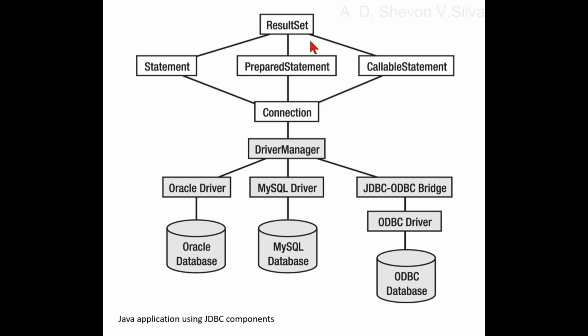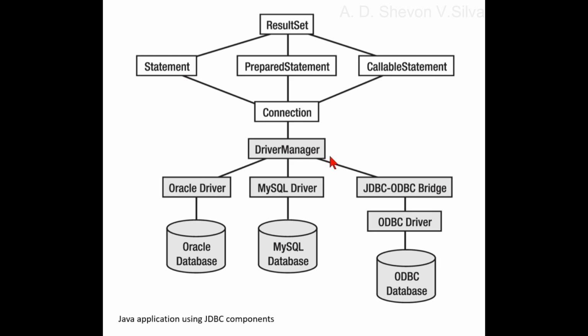The JDBC API is comprised of two Java packages, java.sql and javax.sql. The following are core JDBC classes, interfaces and exceptions in the java.sql package. DriverManager: this class loads JDBC drivers in memory.